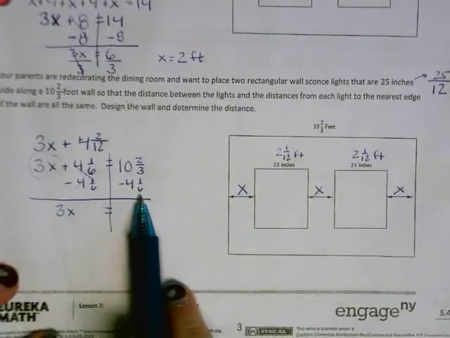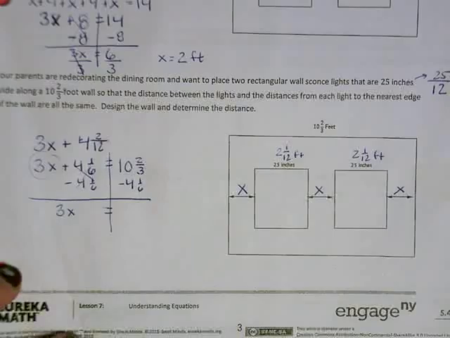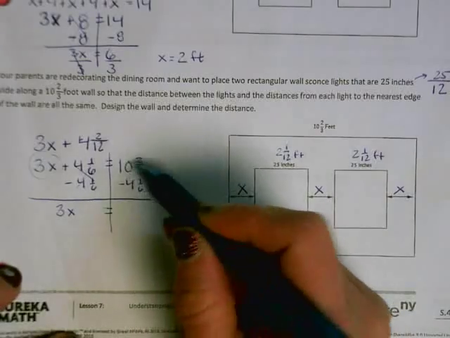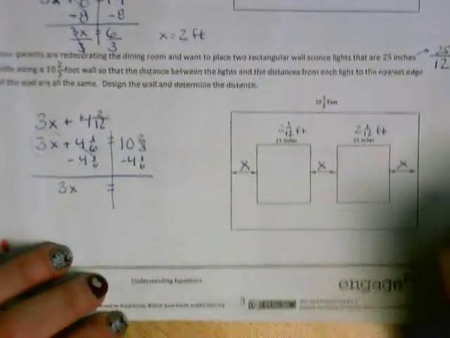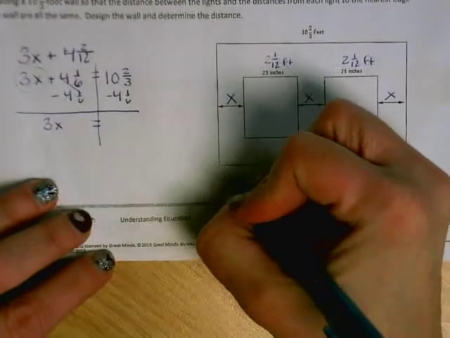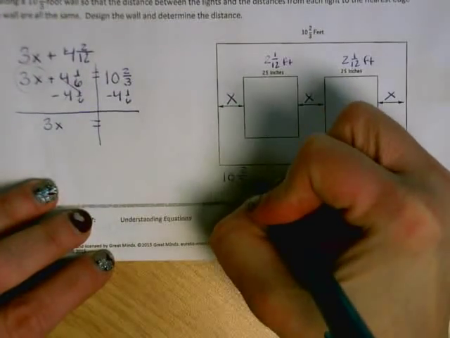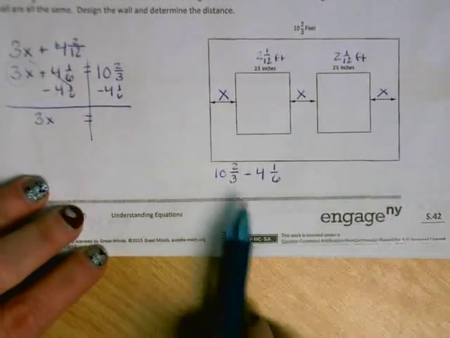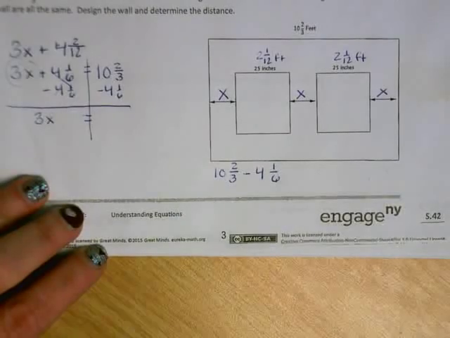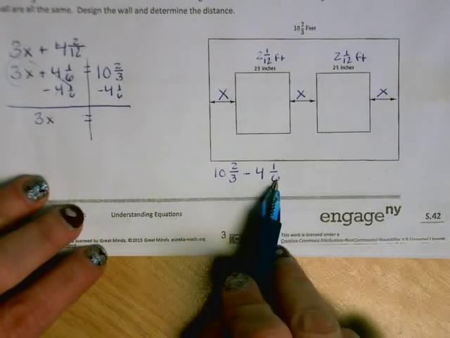Let's just do the work off to the side so that we can get a final answer of 10 2/3 minus 4 and 1/6. I'm just going to do that down here. 10 2/3 minus 4 and 1/6. We've done a lot of fraction practice. In order to subtract fractions, we need common denominators. Can we make these thirds into sixths?